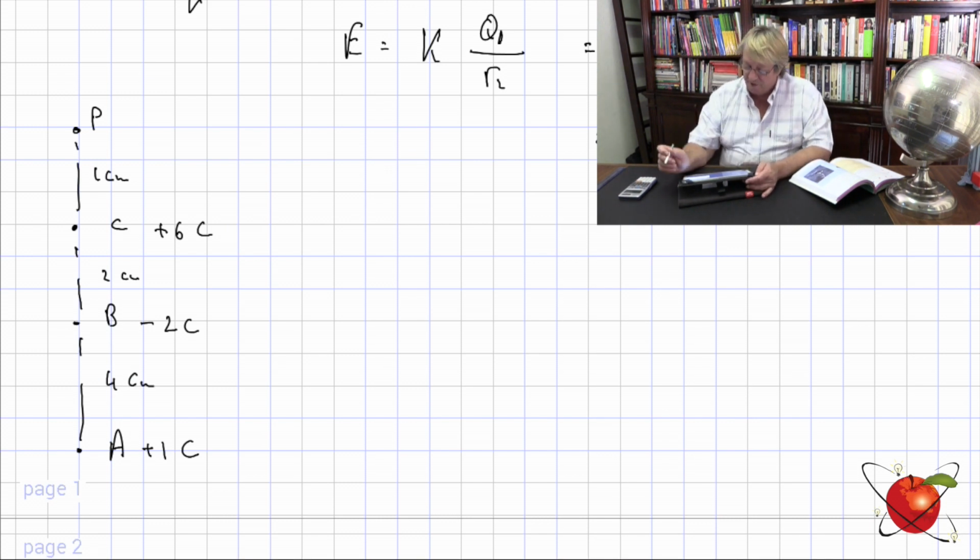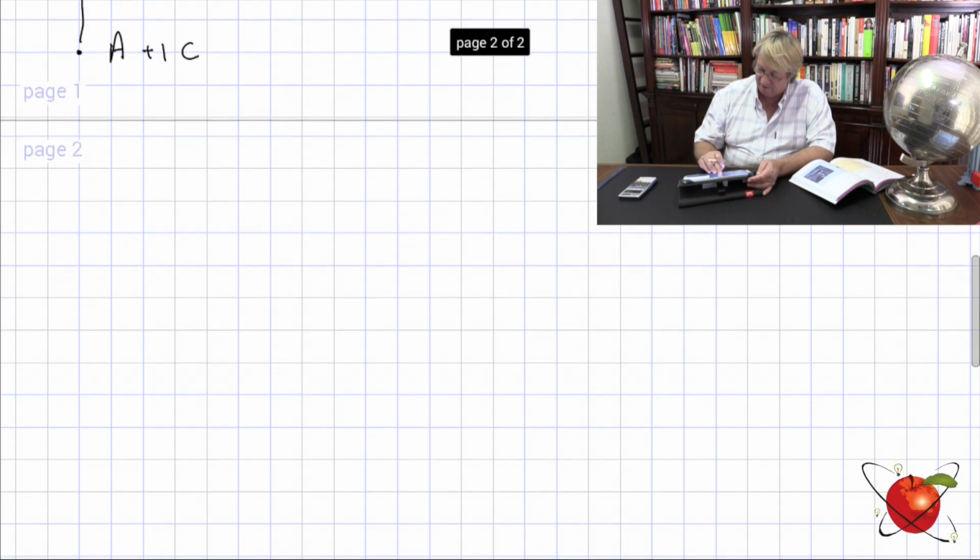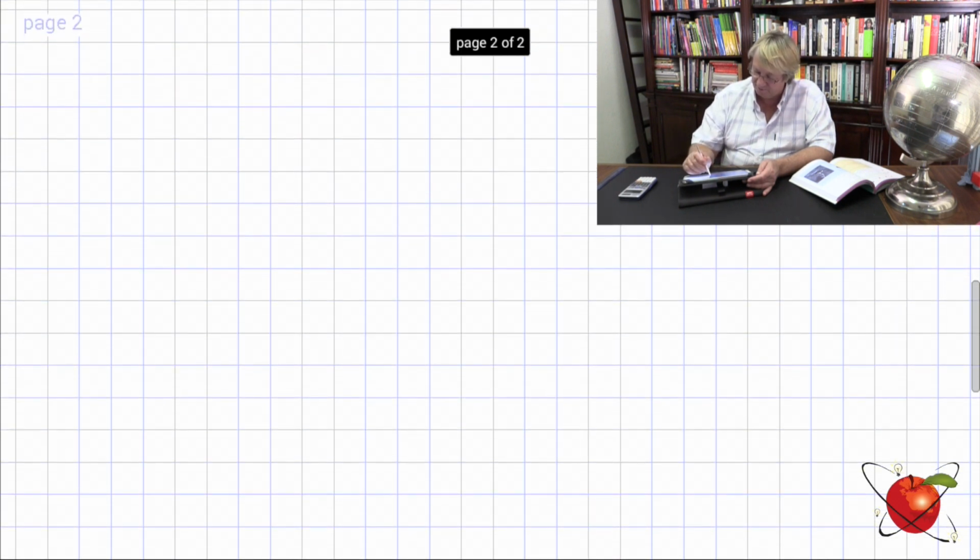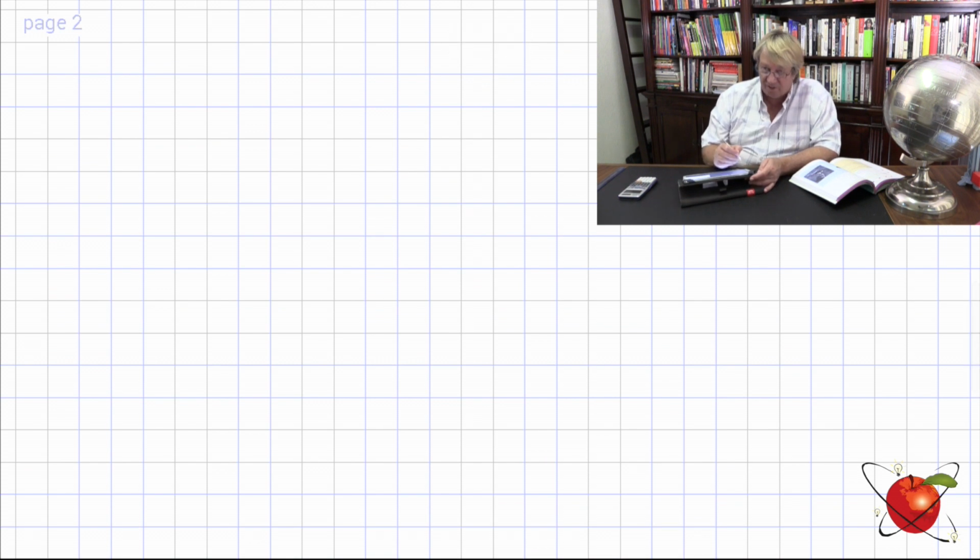First of all, let's just go back to the derivation of this formula. Let's page up onto it there. The electric field strength is given by the force experienced by a test charge.